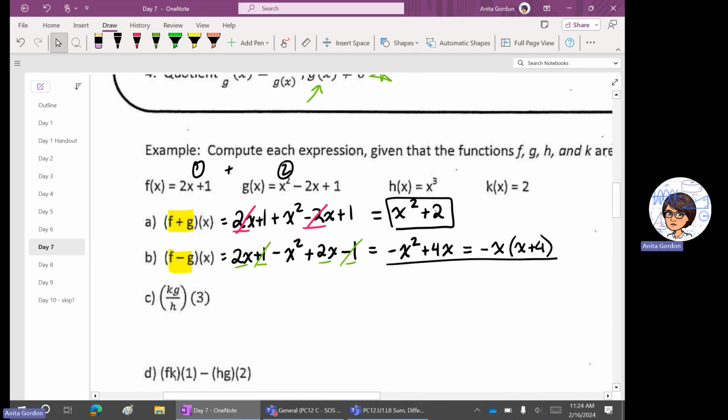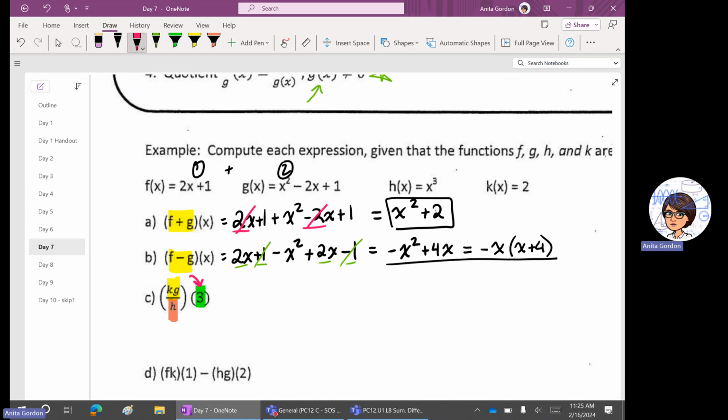All right, let's look at C. C is k times g divided by h, and look what's in the brackets now. Instead of it depending on x, they want us to put the 3 into the function. So our answer here should be an actual number.